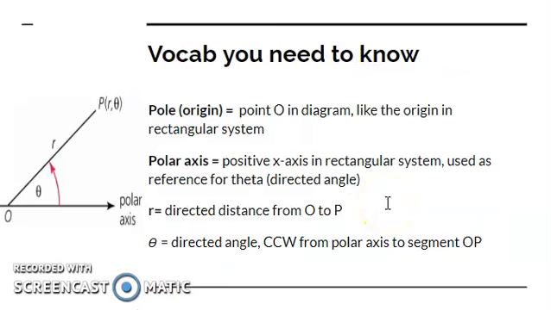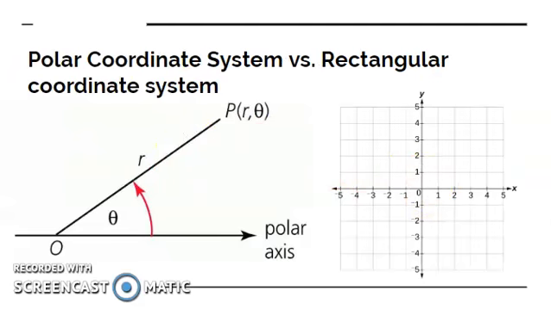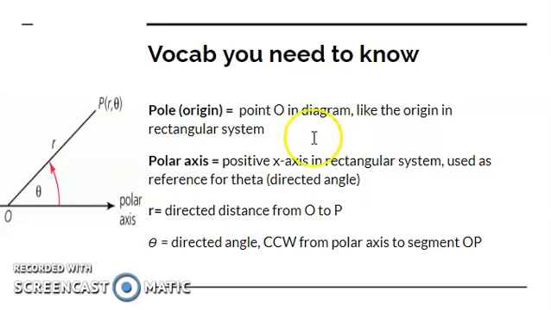So just a recap of the vocab that you need to know: the pole is what we call the origin, and you can think of it as the origin in the rectangular coordinate system. The polar axis is the positive x-axis in the rectangular system. It's used as a reference for theta, which is the directed angle. So you start measuring theta from the polar axis all the way to the point.